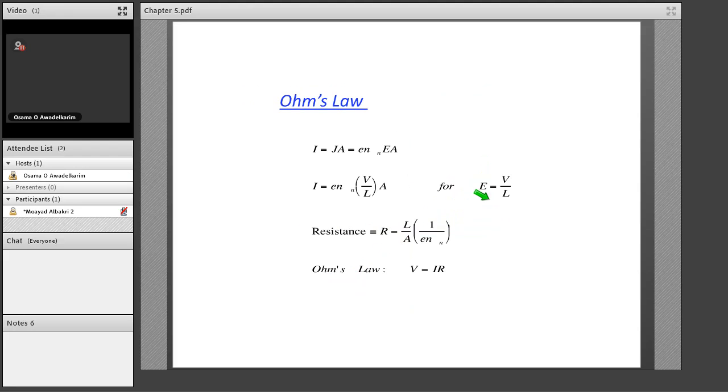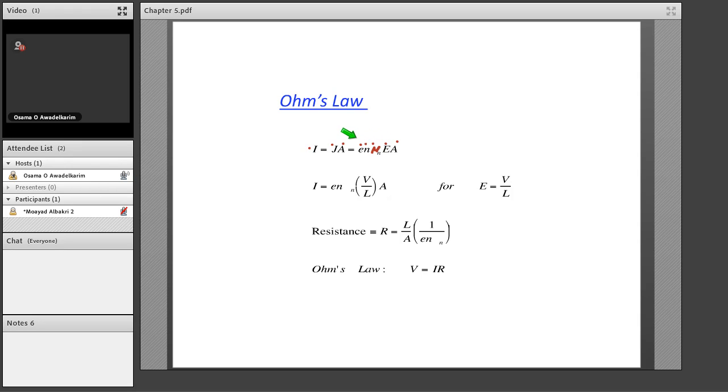Now, just to take you back to our expressions. Remember, the total current is the current density times the area. The current density in drift is e n mu_n times E, which is what we obtained in the previous slides, times the area.